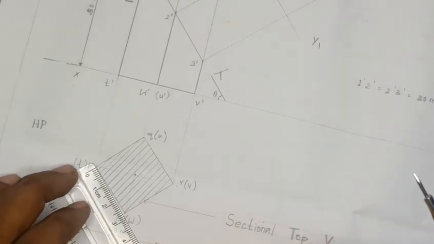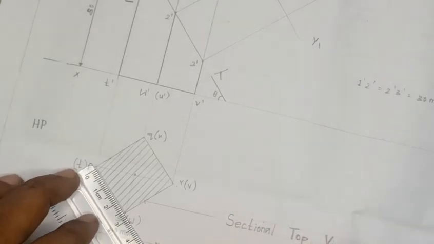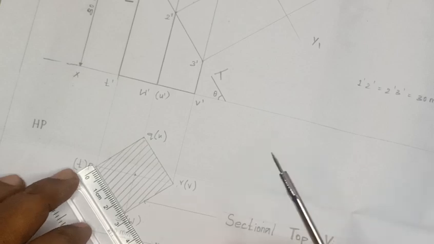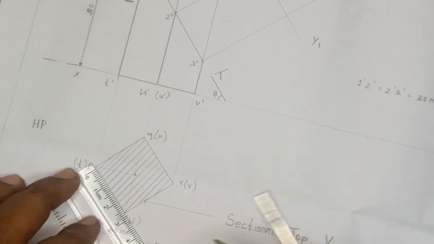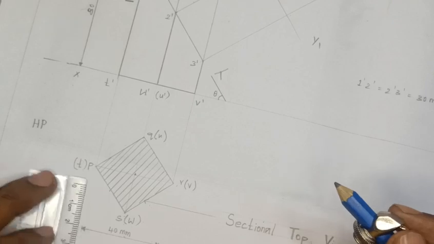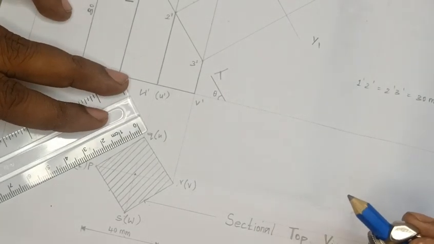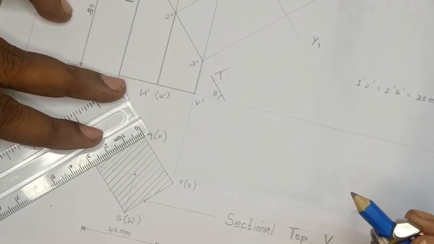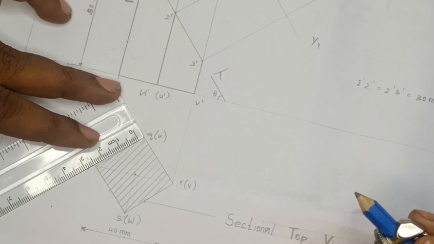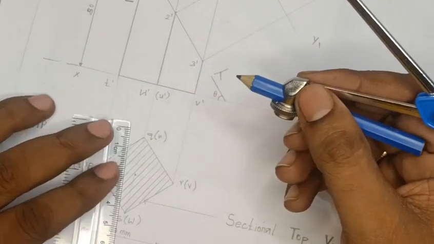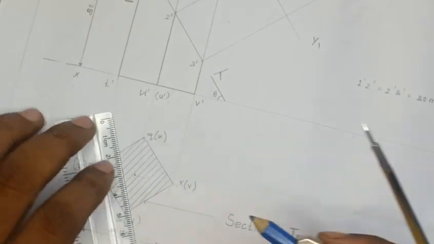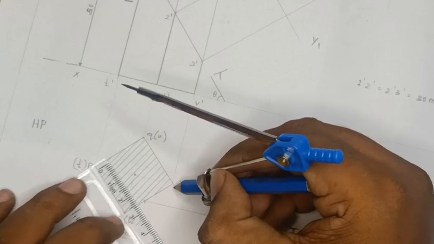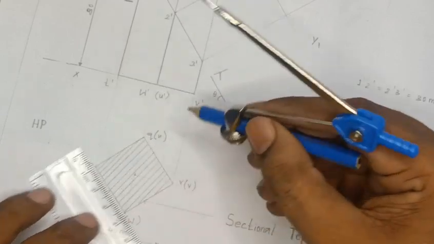The diagonal value is 40 mm and the side value is 20 mm, to fix the S point. Similarly, mark the Q point, 20 mm and 20 mm, and connect all the points.